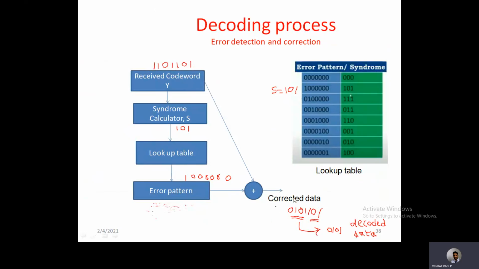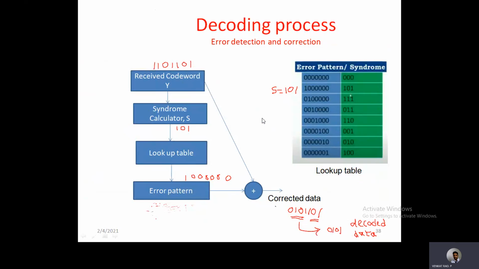Finally, to identify the decoded message bits, just remove the parity bits, and the remaining 4 bits are the message bits. That is the original message decoded by the syndrome decoding process from the syndrome calculator.